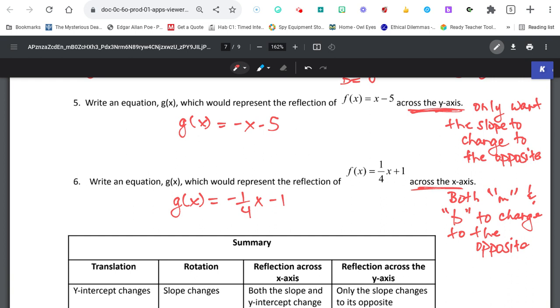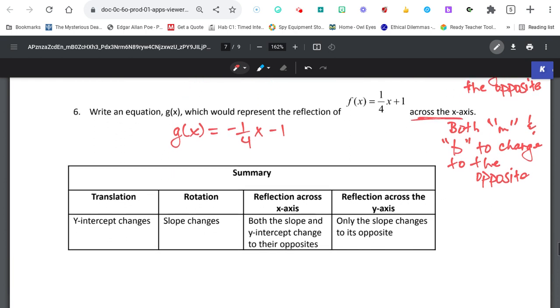All right, and just so you know, to pull it all together, I have a summary box. On a translation, the y-intercept is going to change. Slopes will be the same. Your lines are going to be parallel on these translations. Another word for it is slide. On a rotation, the slope is going to change.